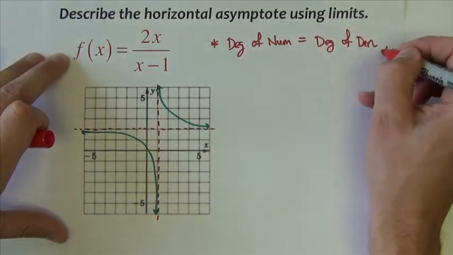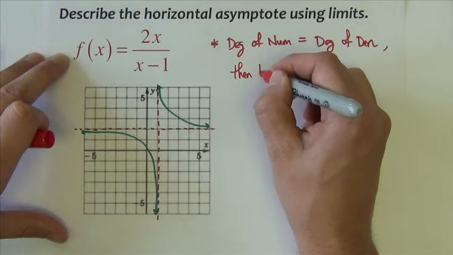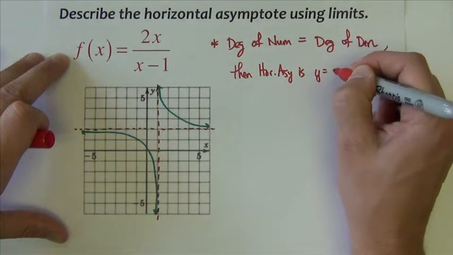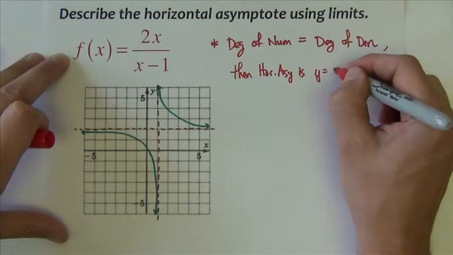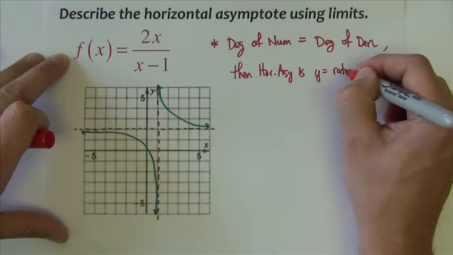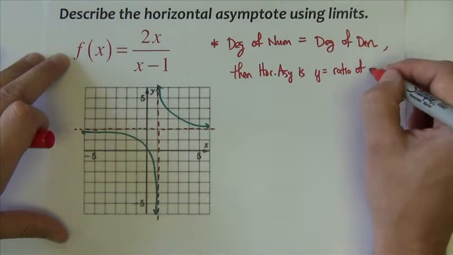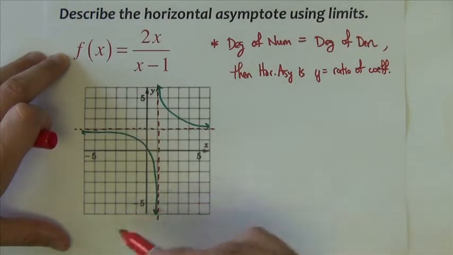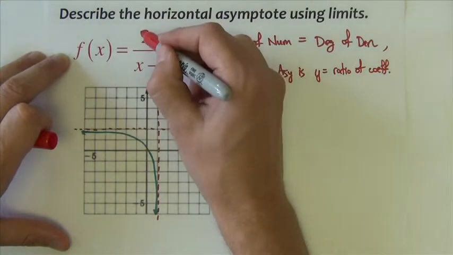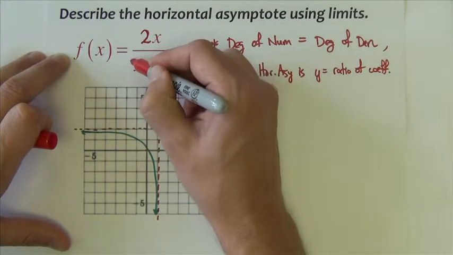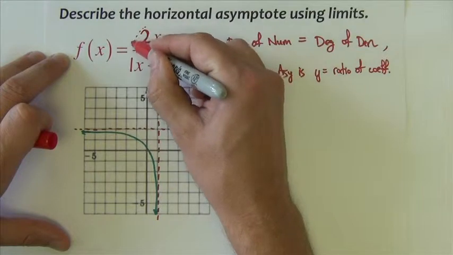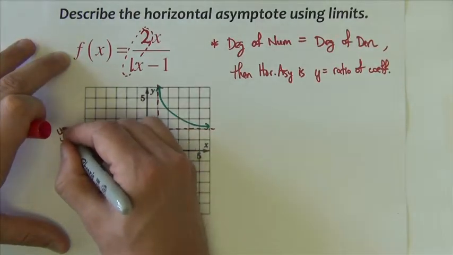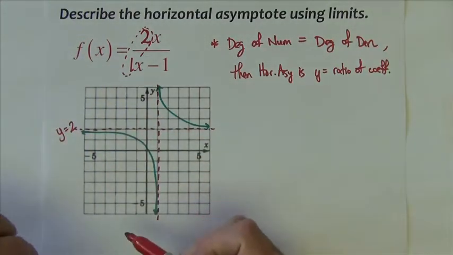Well, when that happens, the horizontal asymptote is y equals, we'll just say, the ratio of the leading coefficients. So the coefficients here are 2 and 1. Well, 2 divided by 1 is 2. That's where the horizontal asymptote is.